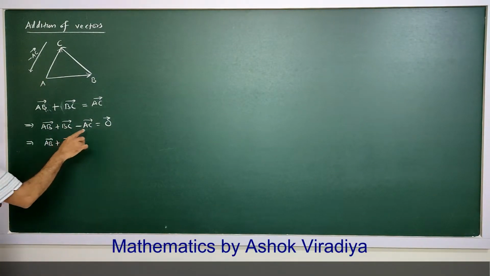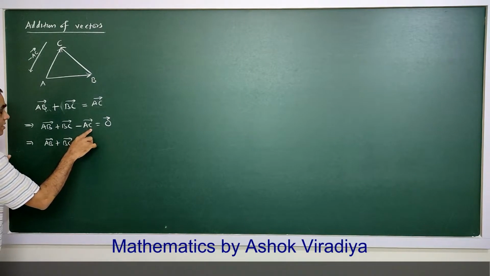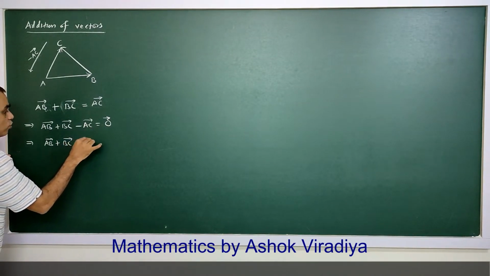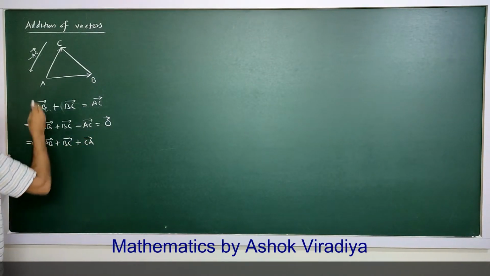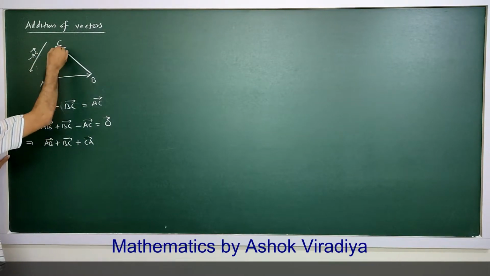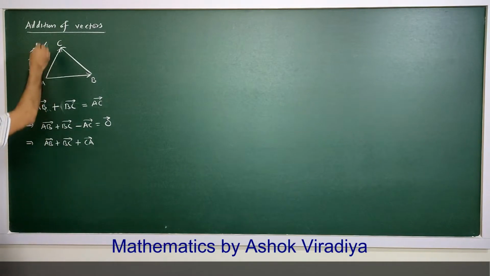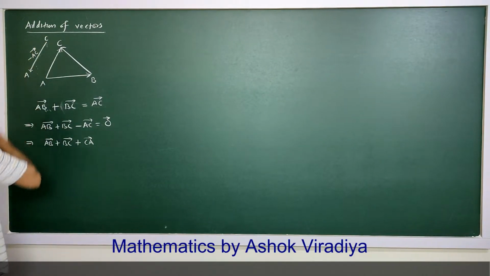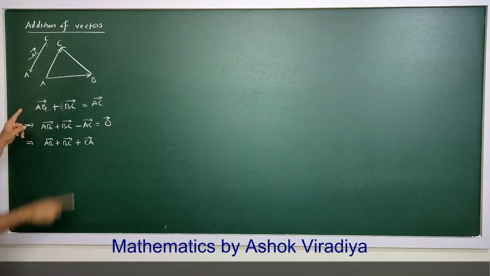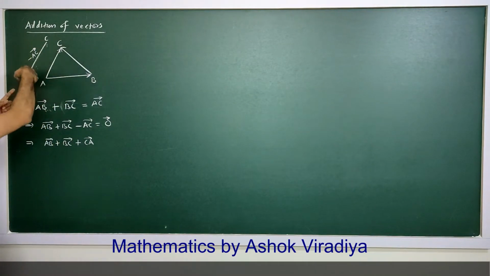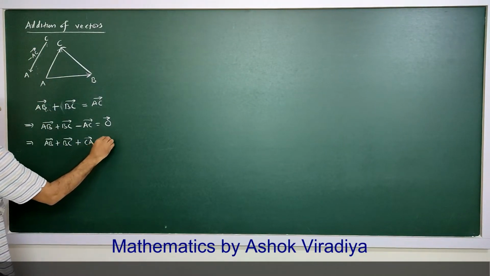Now minus AC is equal to vector CA. This is nothing but CA. So result is AB plus BC plus CA is equal to vector 0.